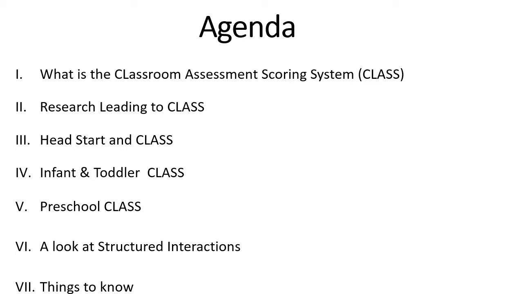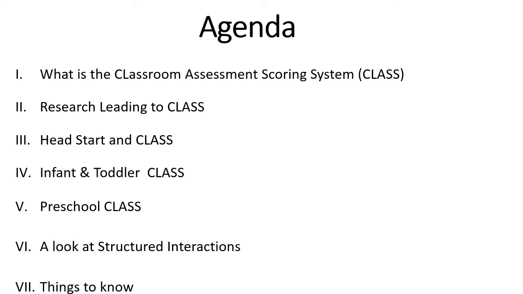So the agenda for today looks like this. First, we're going to talk about what the Classroom Assessment Scoring System, CLASS, is, and we're going to learn a little bit about the research leading to CLASS, why we use it.